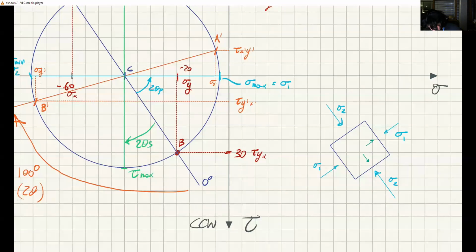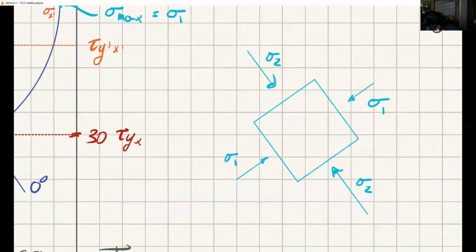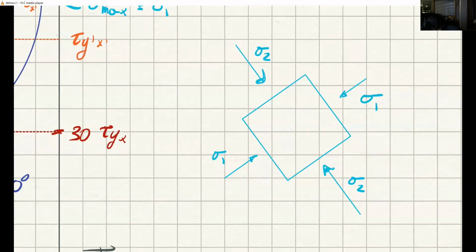Or alternatively, in the other sense, let me change this as well. So this is the state of stress. It's called principal stress state.